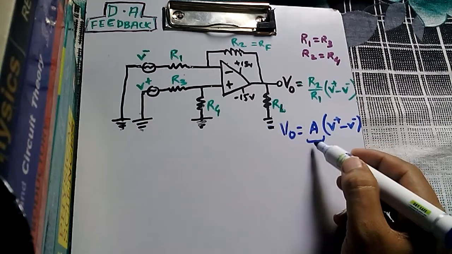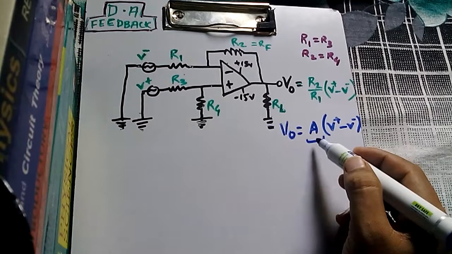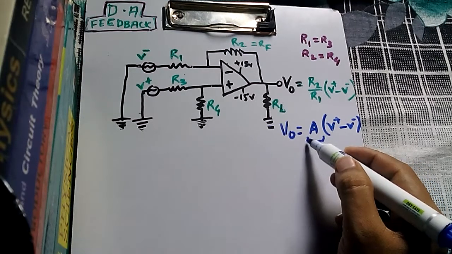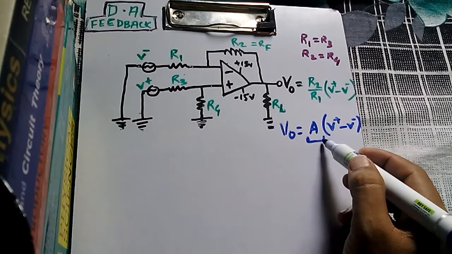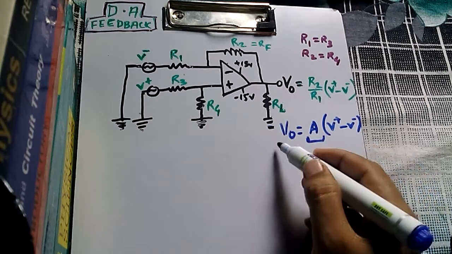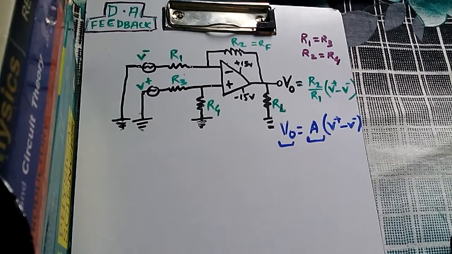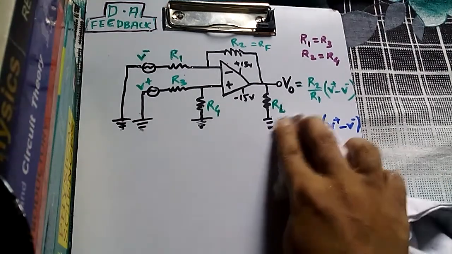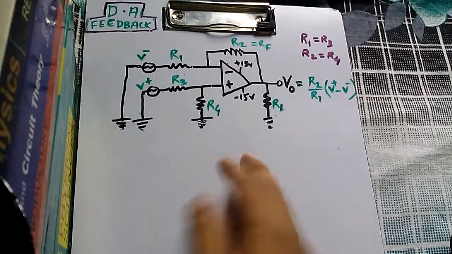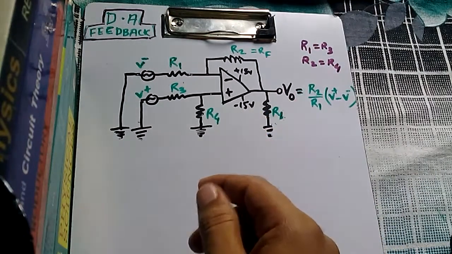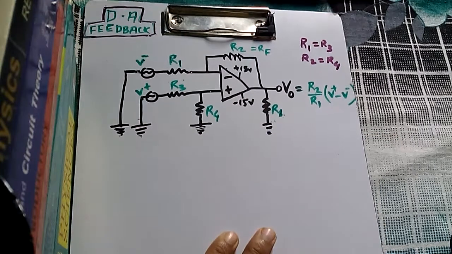It is already specified because you are not using the feedback circuit. So you have to work with this, and this is uncontrollable. Therefore you have no control over the output, and that's why circuits with open loop are not used in practice. Out of the two configurations, this is the practical configuration for the differential amplifier.